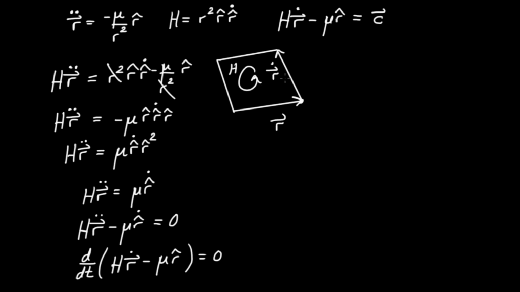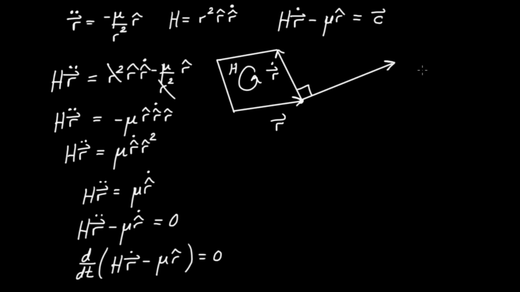And then remember, when I multiply a bivector by a vector, that's going to rotate the vector 90 degrees and scale it. Now, if you check the orientation here, h times r dot is actually going to rotate this r dot vector 90 degrees, and it's going to scale it depending on what the area is here. So actually this h times r dot is going to look something like this.